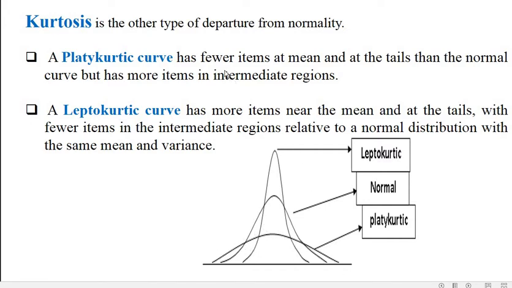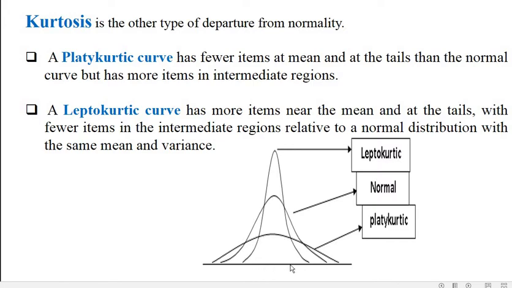where there are fewer items at the mean area and at the tails also, and most of the items or observations are found in the intermediate region.